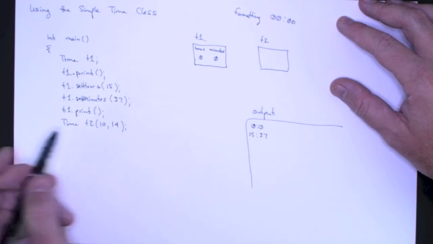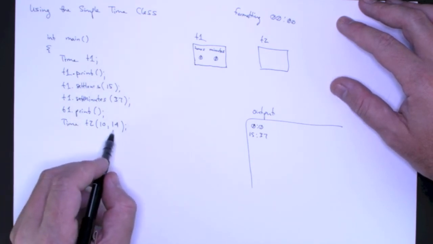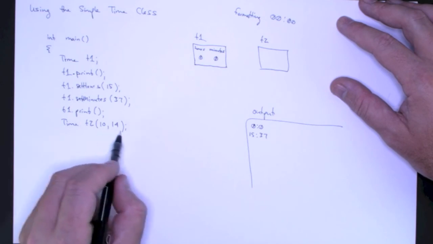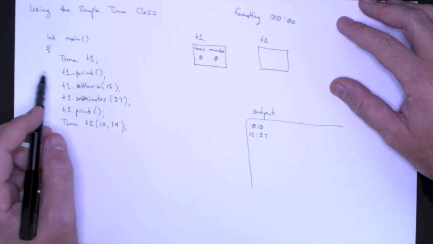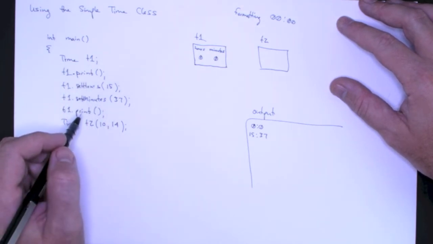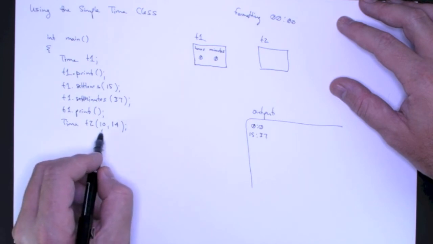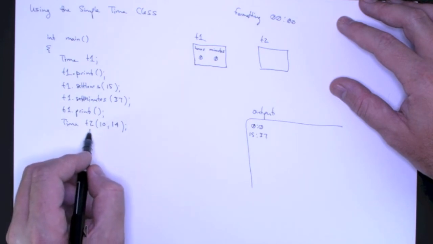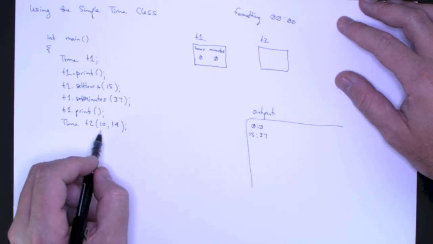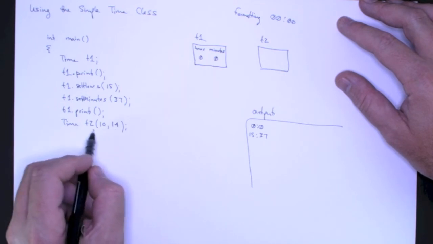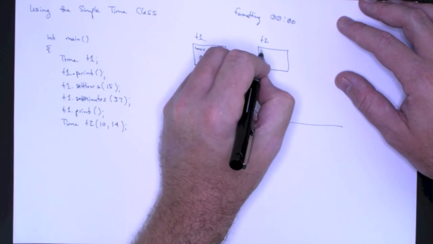In this case, it's the only explicit constructor we have based on the number of arguments. Remember that we overloaded our constructors. So based on the 2 arguments, it executes our explicit constructor. 10 and 14 are assigned to the parameters, and then we execute.